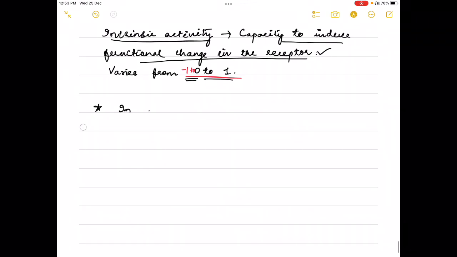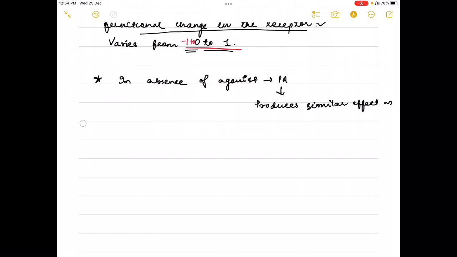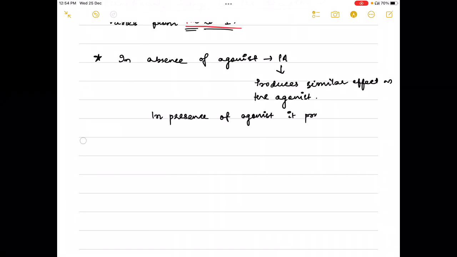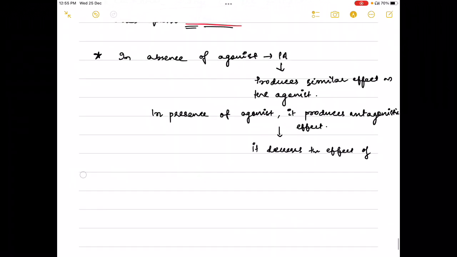In absence of agonist, a partial agonist produces a similar effect as the agonist. But in presence of agonist, it will produce an antagonistic effect. In other words, it decreases the effect of the pure agonist.